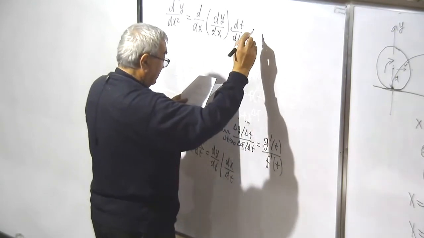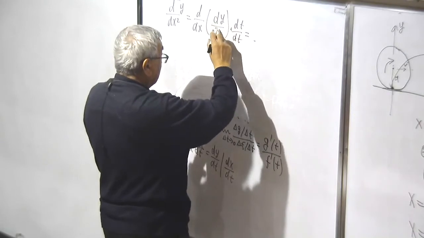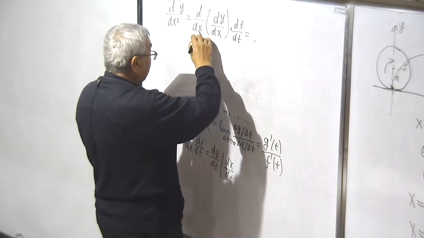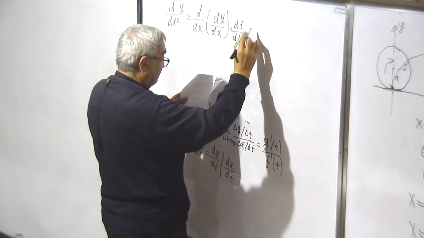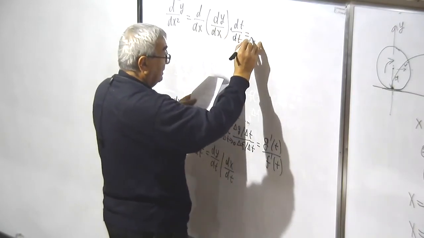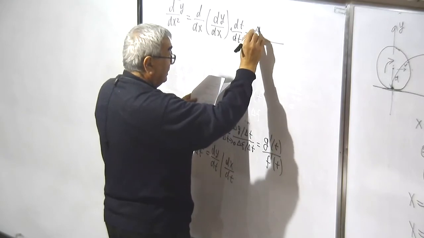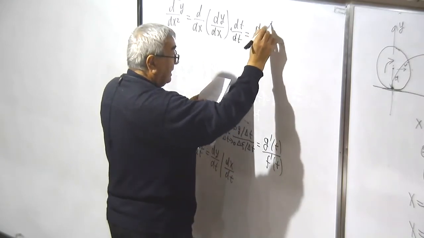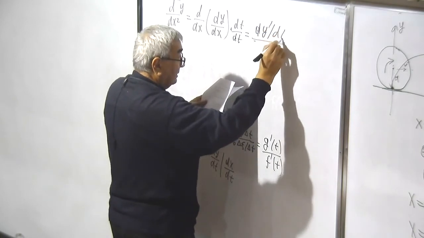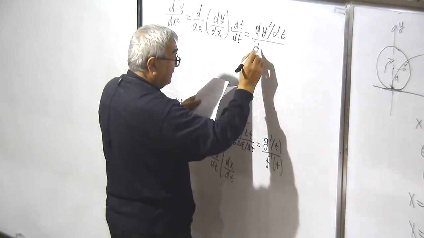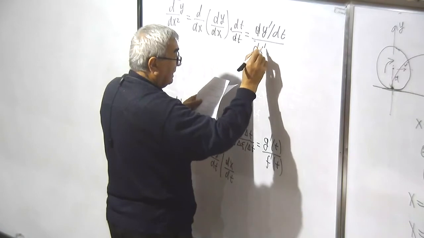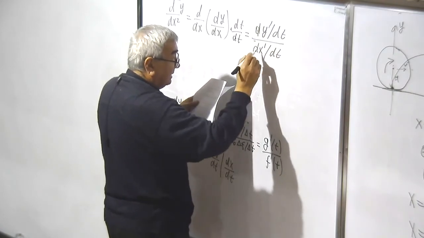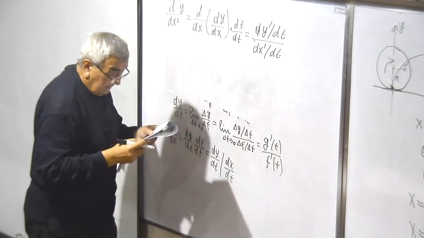I receive that from this it is necessary to take the derivative, and from this it is necessary to take the derivative. Therefore, I receive the equation: d(dy/dx)/dt, and here there will be dx/dt, where prime means derivative over t.